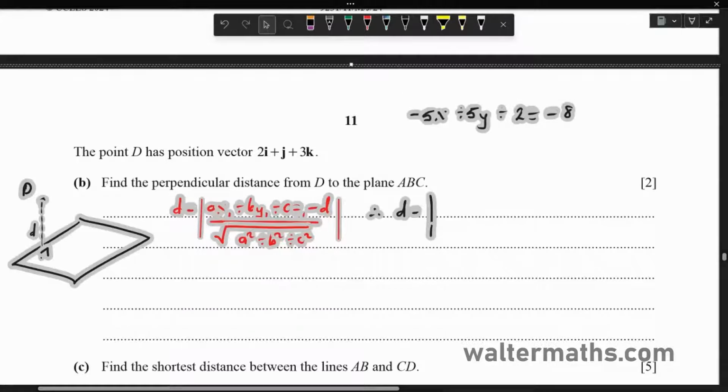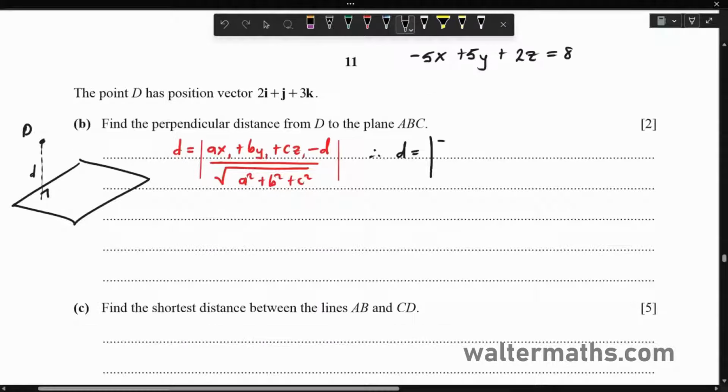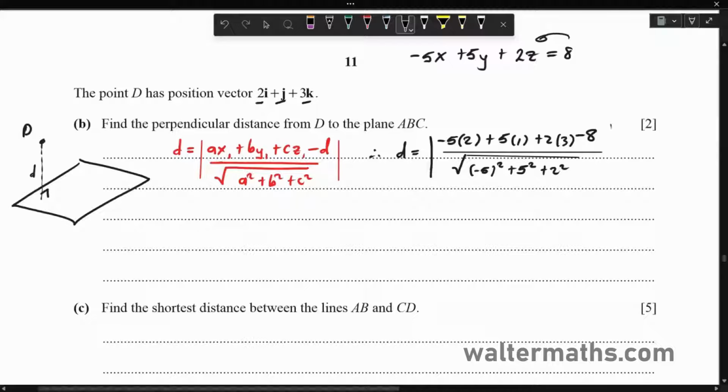So we're saying that's going to be -5 times 2, this 2, plus 5 times 1, plus 2 times z, which is 3, minus 8, over the square root of (-5) squared plus 5 squared plus 2 squared. Alright, and we're going to simplify this.